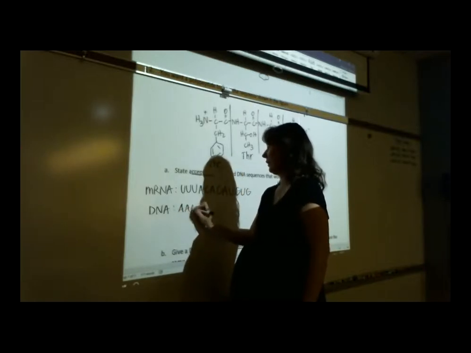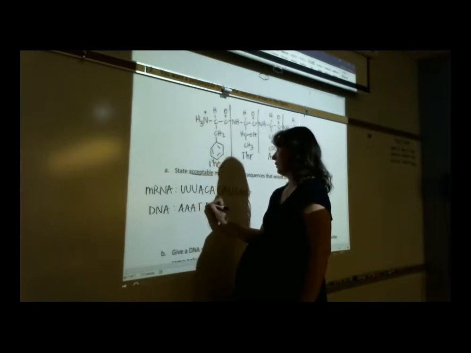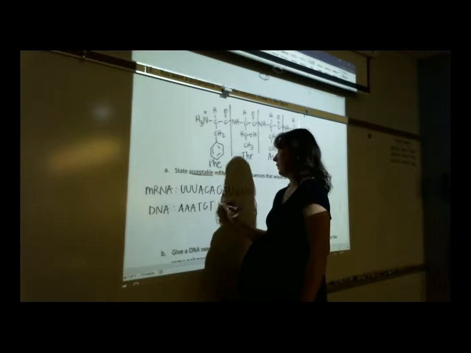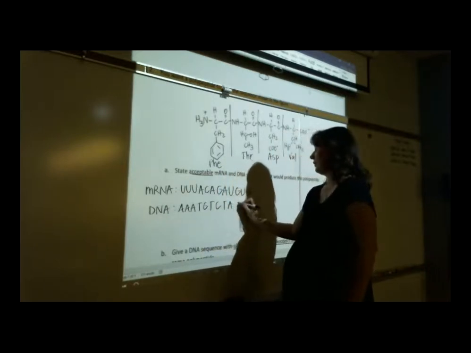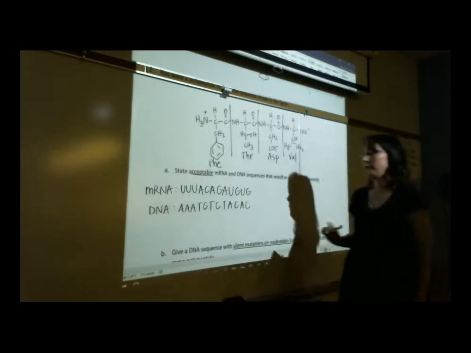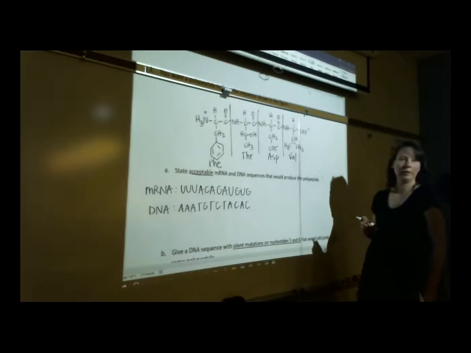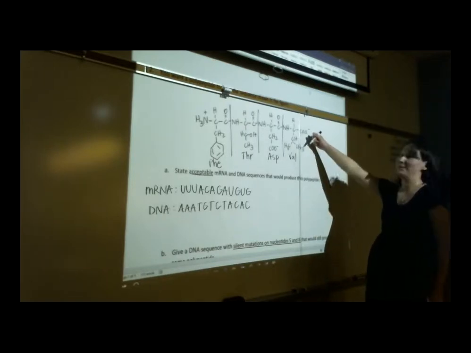A, and then what? T, G, T, C, T, A, C, A, C. Good. How did yours differ from mine? The only one that we had the same was the first one. Oh, really? Okay. But we would have ended up with this exact same polypeptide.